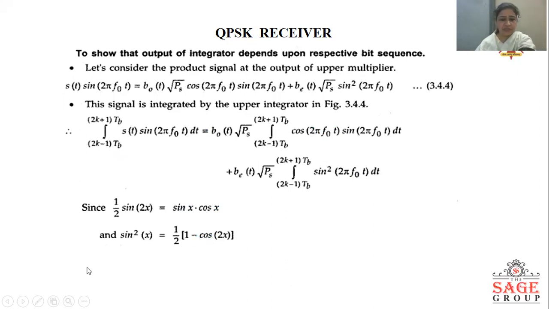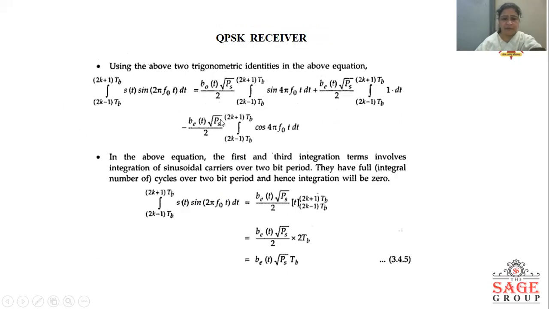Substituting these values, we get sin 4 pi f naught t. The common terms and constants are taken outside the integral sign. So here we have b_o(t) root Ps upon 2 sin 4 pi f naught t, b_e(t) root Ps upon 2 times 1 dt, and minus b_e(t) root Ps upon 2 cos 4 pi f naught t.